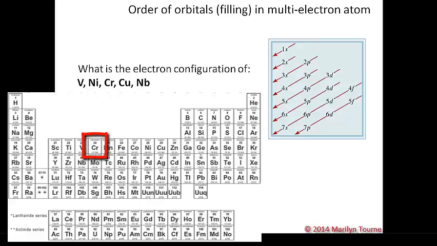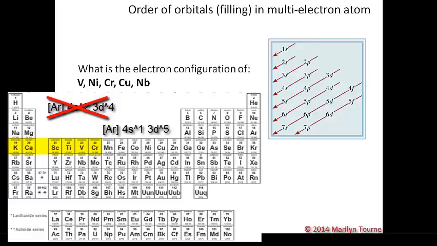Chromium is element number 24. If we followed the Aufbau principle, the building up principle, you would expect the electron configuration to be argon in brackets and then 4s2, 3d4. But it's not. The ground state electron configuration of chromium is argon in brackets, 4s1, 3d5.